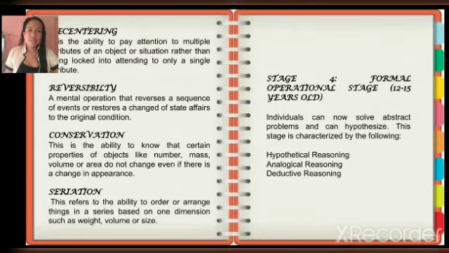So first, decentering. This is the ability to pay attention to multiple attributes of an object or situation rather than locking into attending to only a single attribute. So here, opposite siya sa egocentrism.